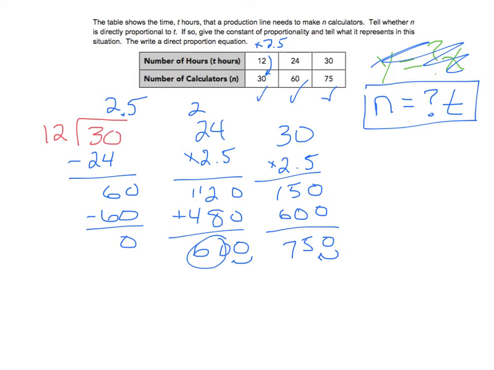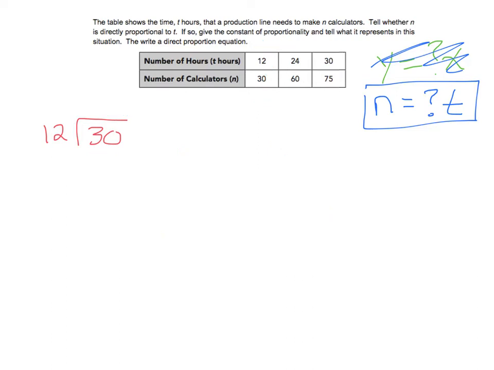So here's what I'm going to do now. Let me erase all of this, and erase that. All right, so we know 2.5 is our mystery. So right away, we have to say yes. We answer that it is a direct proportion. What is the constant? The constant would be 2.5.